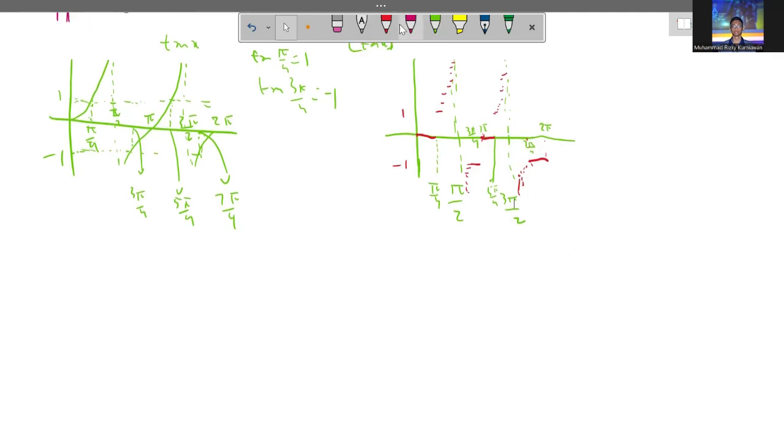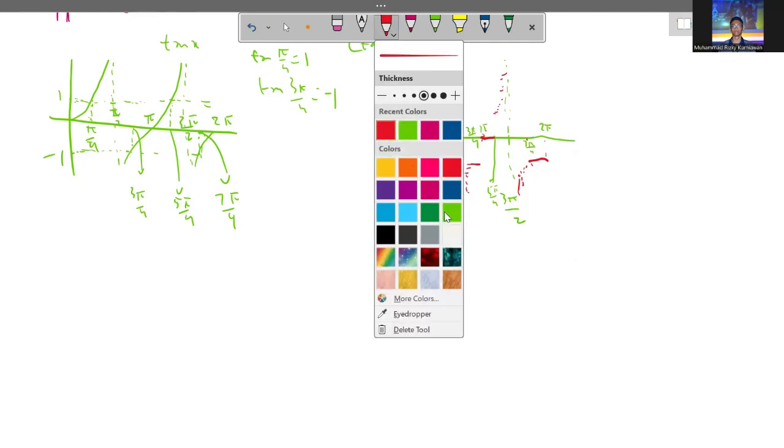So what about cotangent? For cotangent, let's use a different color.